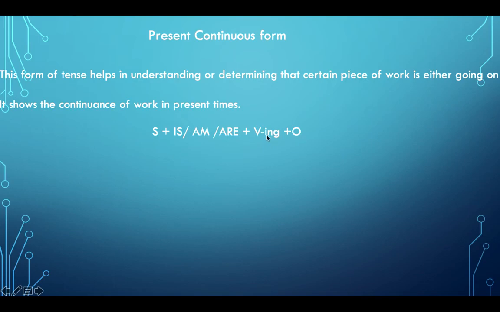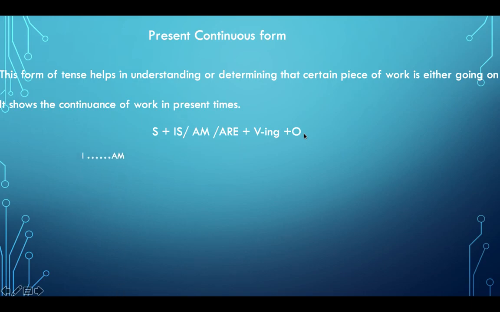Children, the verb along with the ing form is always used to indicate something which is in a continuous process, which is in the process of continuation. So is it clear now? Subject plus helping verbs is, am, are according to the persons, singular, plural, first person, second person, third person, plus verb ing plus object.